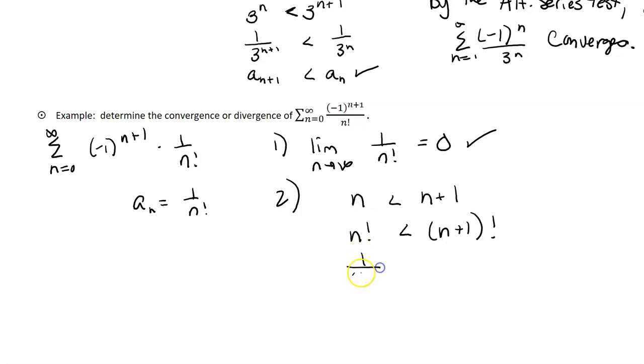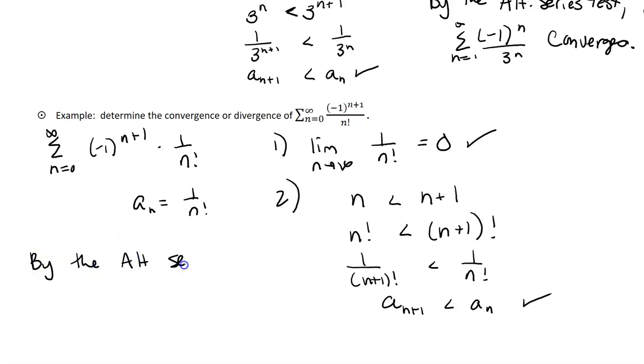And so 1 over n plus 1 factorial is less than 1 over n factorial, so that means that a sub n plus 1 is less than a sub n. So this is decreasing. And we can say by the alternating series test, our sum converges.